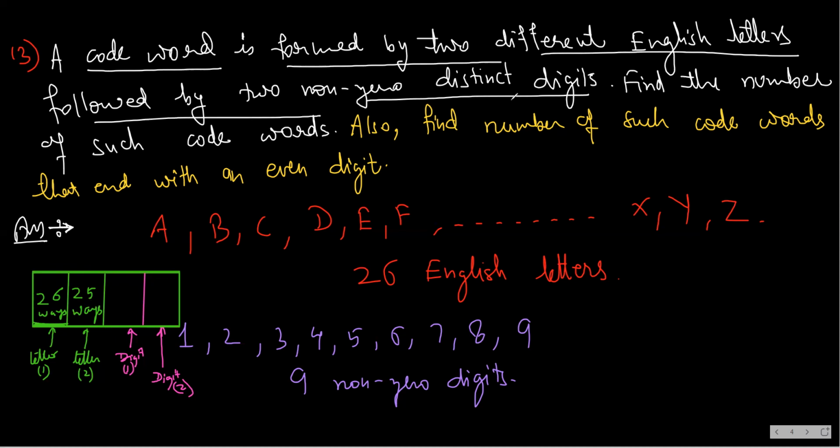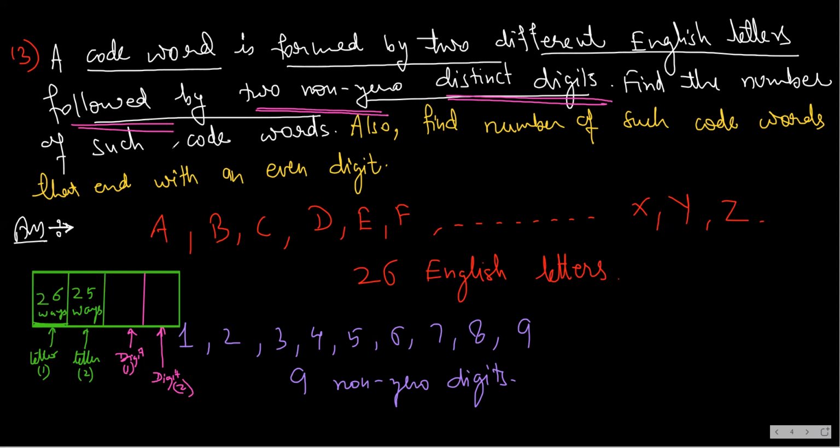Why that? Because they have clearly said two different English letters. They have very clearly specified that the English letters you are using need to be different. Then you go for the digit number 1. It is clearly said that these letters are followed by two non-zero distinct digits.